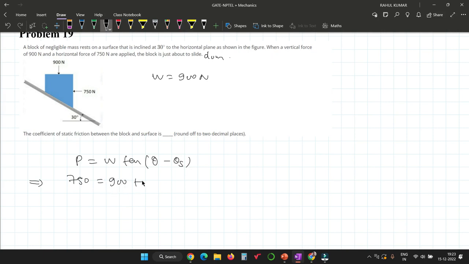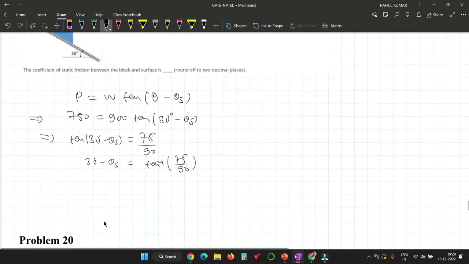So 900 tan(30 degree minus theta s) equal to 750. So tan(30 degree minus theta s) equal to 75 divided by 90. 30 minus theta s equal to tan inverse of 75 by 90, and you will get theta s.